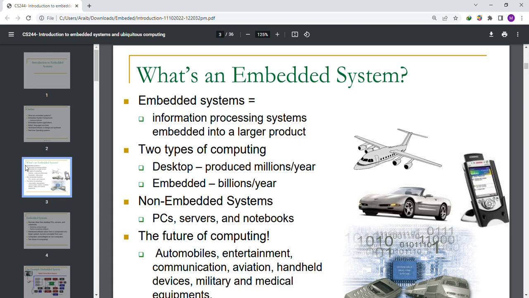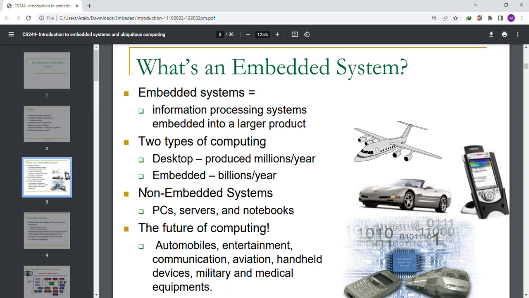Two types of computing: desktop and embedded. Non-embedded systems: PCs, servers and notebooks. The future of computing: automobiles, entertainment, communication, aviation, handheld devices, military and medical equipment are also considered in this.